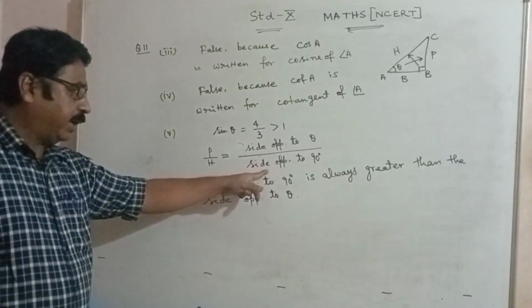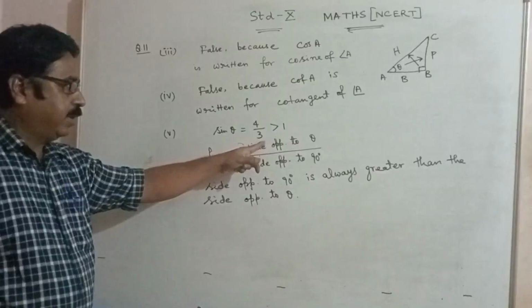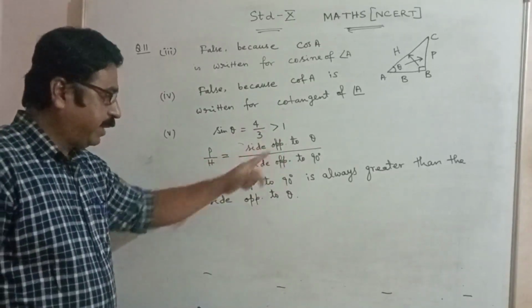If this is larger, this is smaller, so this fraction will be less than 1.